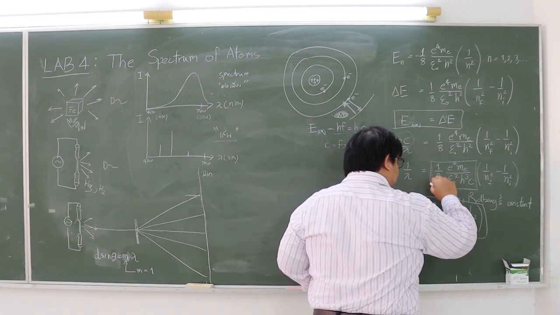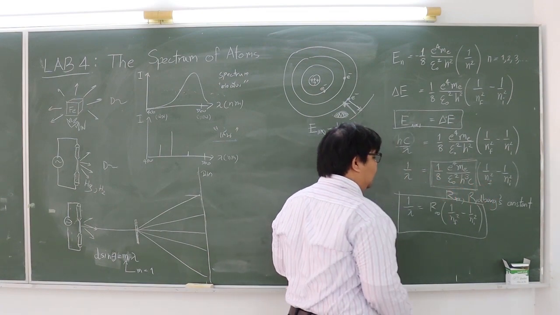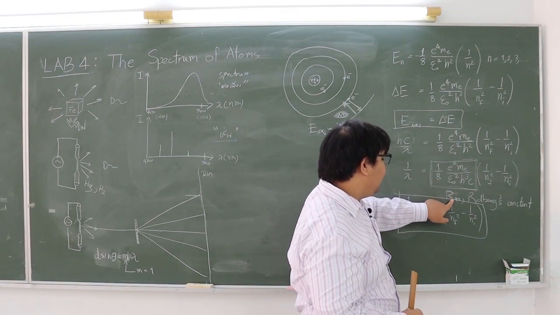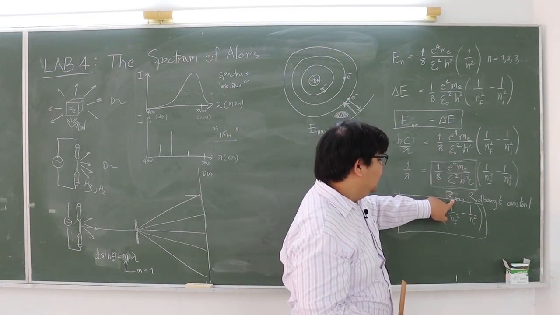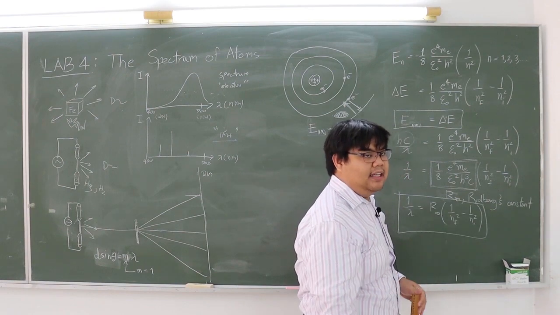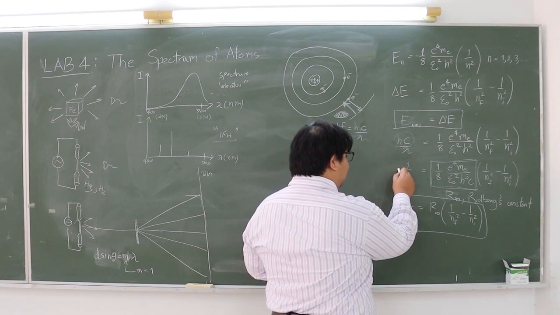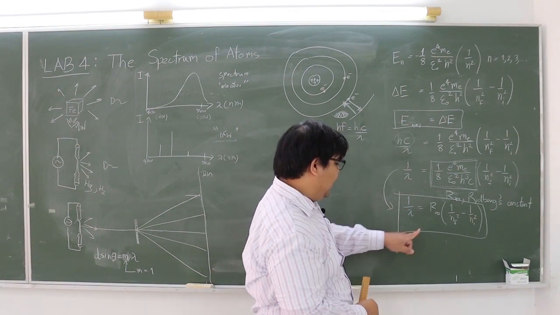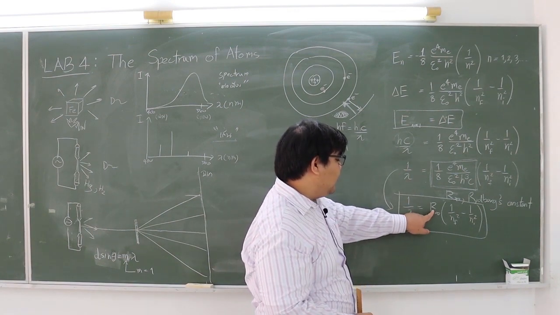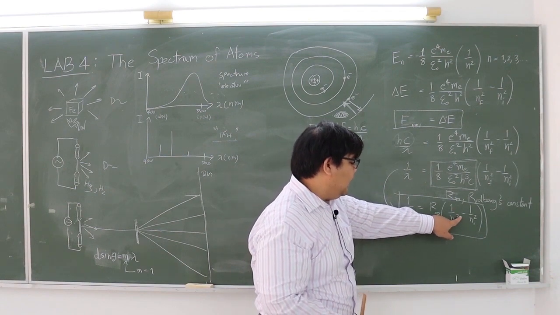All of these constants here are combined and called R infinity, or the Rydberg constant, after Mr. Rydberg who invented this equation. So we can write this equation as 1 over lambda equals R infinity multiplied by this parenthesis.